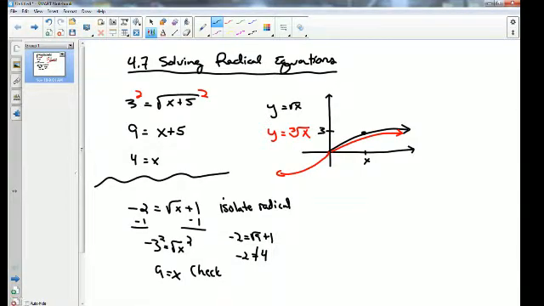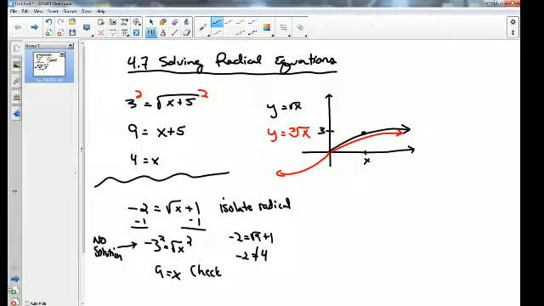Why did I stop here and question your answer? Can a root give you a negative number? No. Okay, at this point, you could have told me there are no solutions, and I don't have to do any more mathematics on that problem.